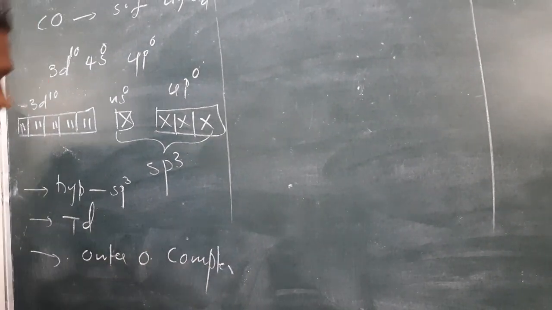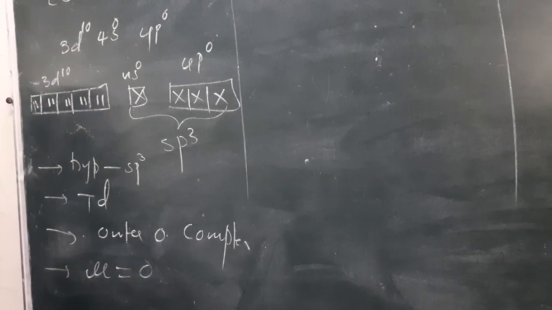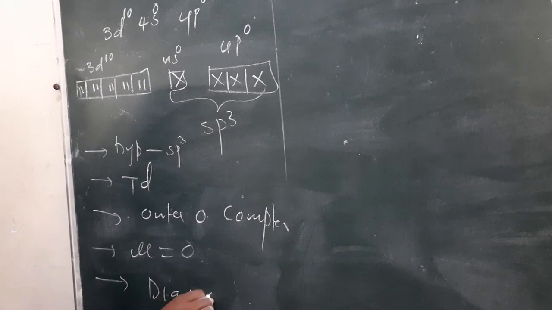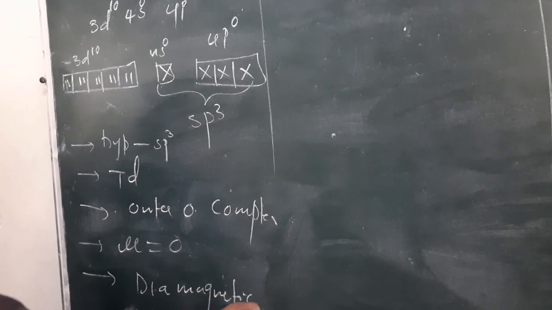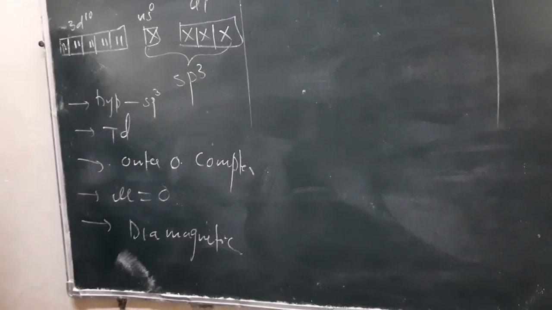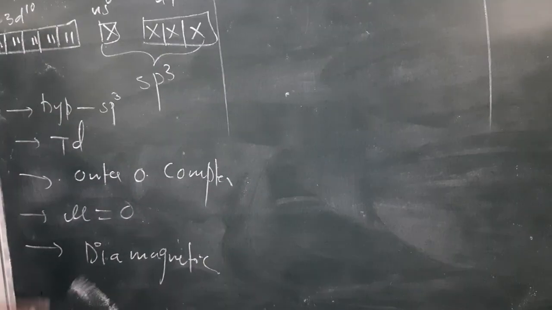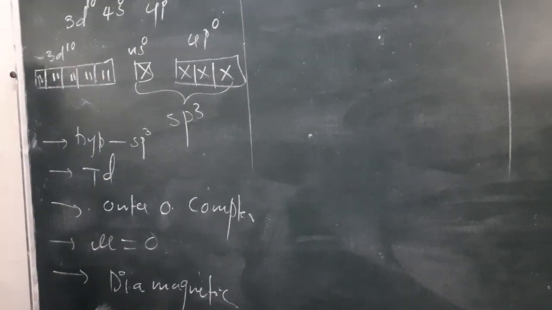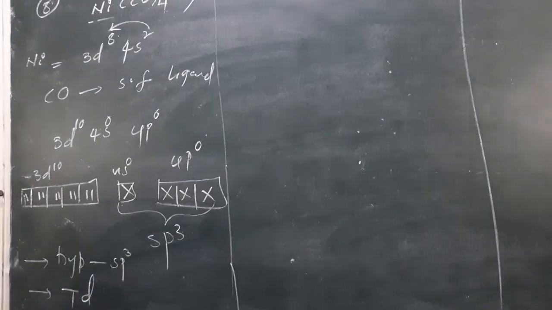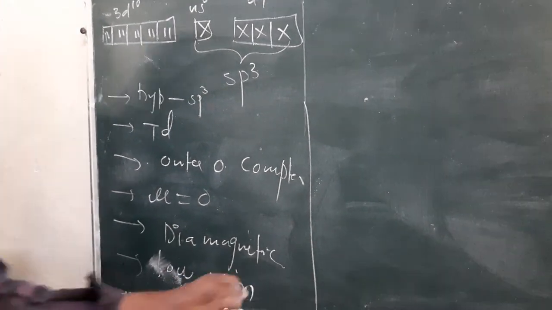Dipole moment equals 0 because no unpaired electrons. This is diamagnetic because no unpaired electrons. Also all electrons are paired, so spin paired. This is also called a low spin complex.